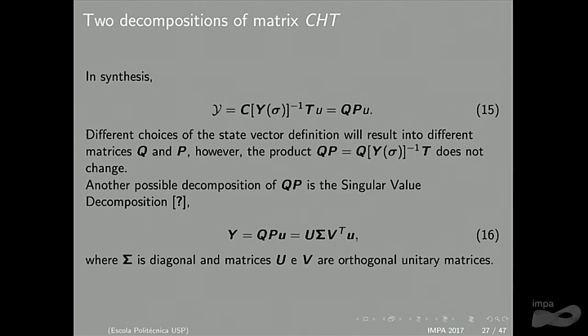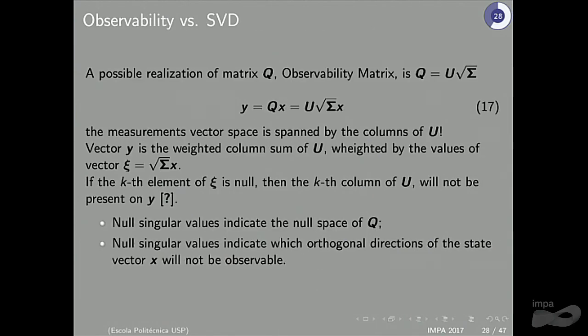and this transconductivity matrix can also be seen as a singular value decomposition, and it's interesting to build an observability matrix that is U times the square root of sigma. Sigma is a diagonal matrix. And in this situation, the small singular values here will filter out which states cannot be measured.